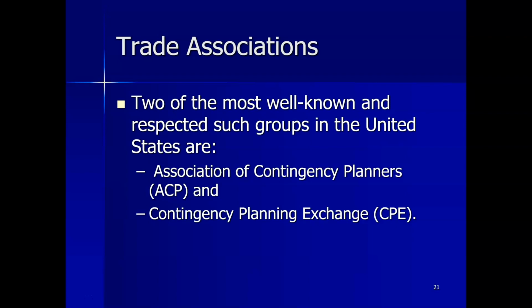Two of the most well-known and respected such groups in the U.S. are the Association of Contingency Planners, which is known as the acronym ACP, and the Contingency Planning Exchange, which is known as CPE.